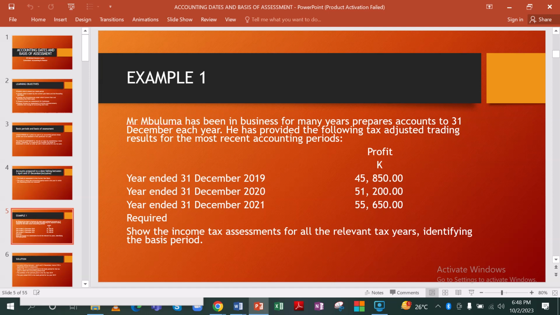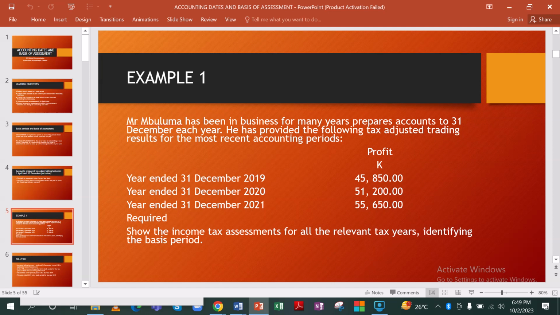You have these three periods shown: the year ended 31st December 2019, the year ended 31st December 2020, and the year ended 31st December 2021, with accompanying profits. What is our task in this regard? Our task is to show the income tax assessments for all the relevant tax years, identifying basically the basis period. So let's look at how we start.